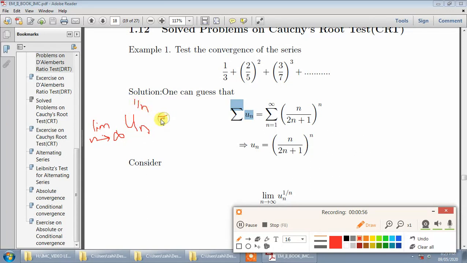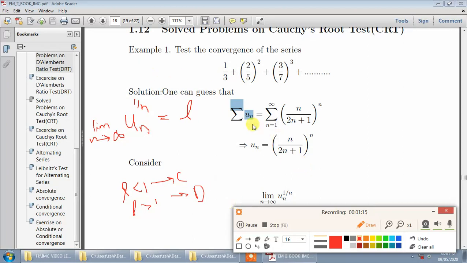If this limit has value equal to L, and if that L is less than 1, the series converges, and if L is greater than 1, the series diverges. That is the very simple thing about Cauchy's root test.